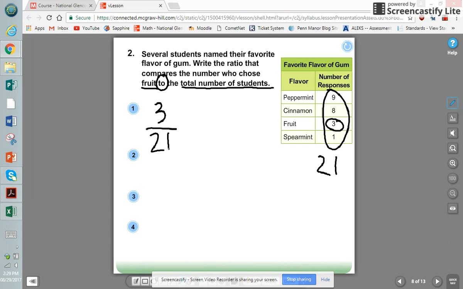I can reduce that. Can you see a common factor? That's right, it's 3. If I divide 3 by 3, I get 1. If I divide 21 by 3, I get 7. So our ratio is 1 to 7, fruit to the total.